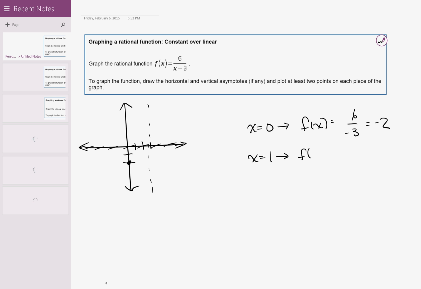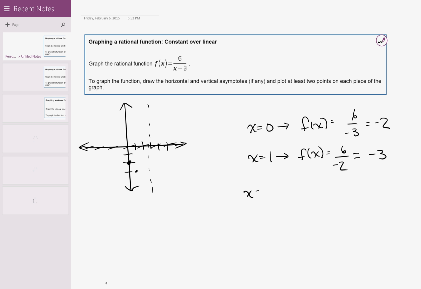I'm going to let x equal 1. Then f of x is equal to 6 over negative 2. And that is equal to negative 3. So 1, negative 3. And then I need to pick some points out here.